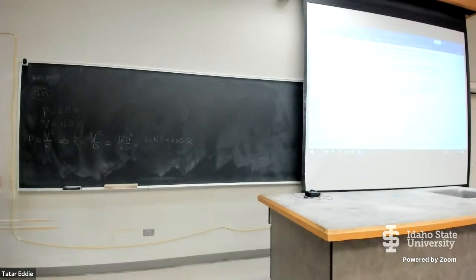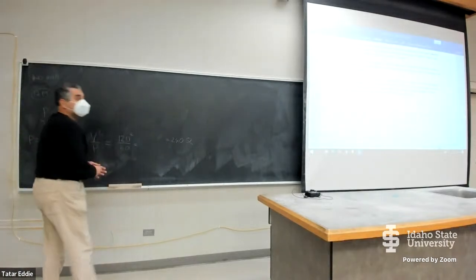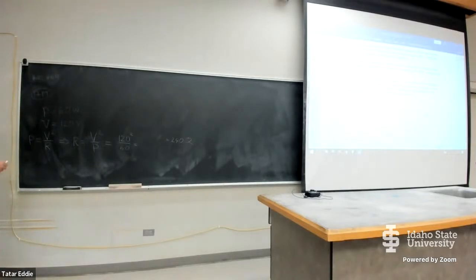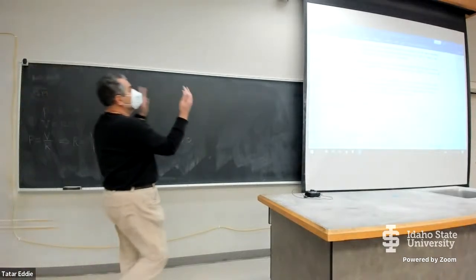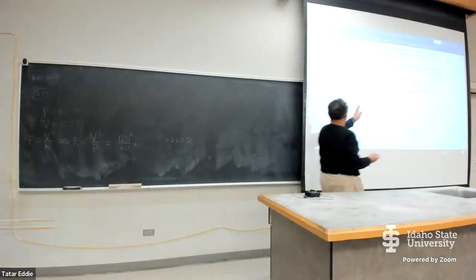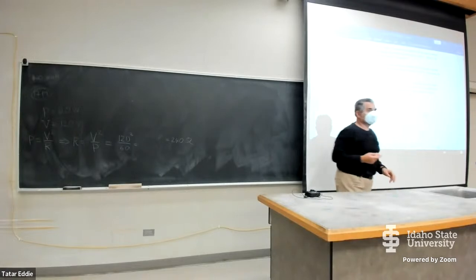Okay. So the resistance of one light bulb is 240 ohms. So now you have N 240-ohm resistors, 1, 2, 3, 4, N of them.